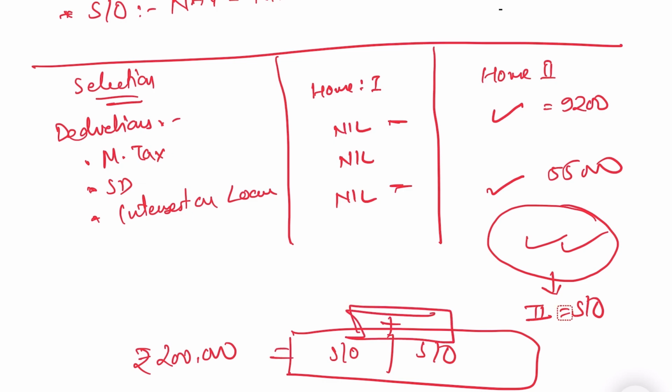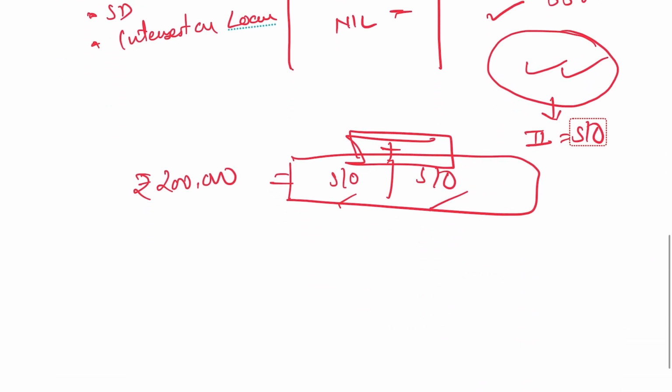So you have to add both, and the maximum limit is 2 lakh. It is not 2 lakh for each of the two. You have to apply the 2 lakh limit altogether. Hope you're getting my point. I hope these points are clear. The amendment is clear. Then how to select the property as self-occupied or let out is clear.